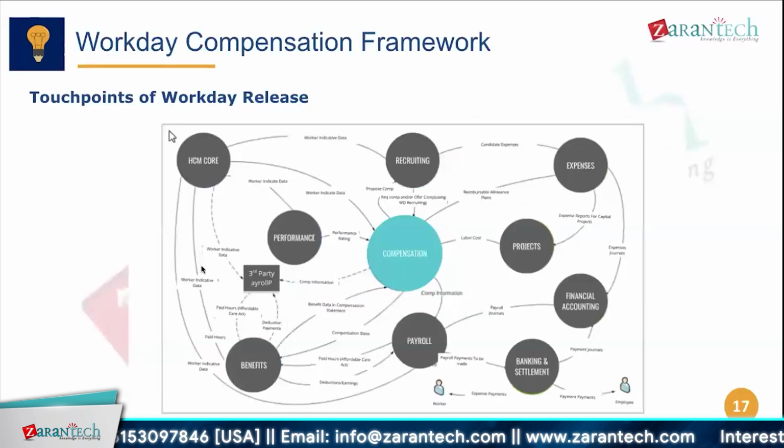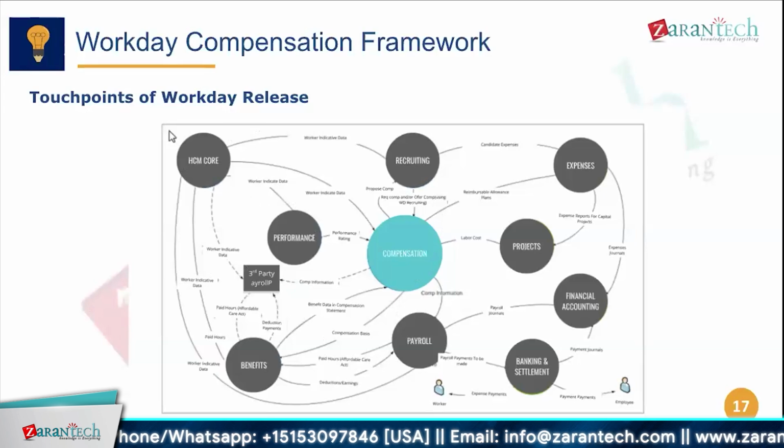For example, here you would see that compensation feeds into recruiting, where you hire employees, and then within HCM core, whenever there's a job change happening, the compensation can change. In case of country transfers, the compensation currency plans, everything can change. It also interacts heavily with performance.